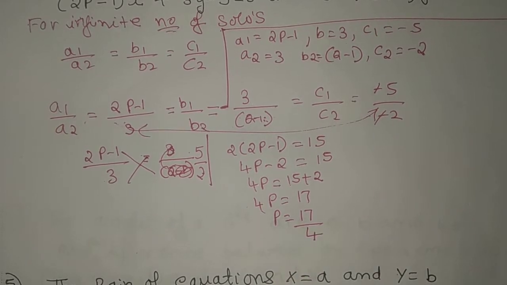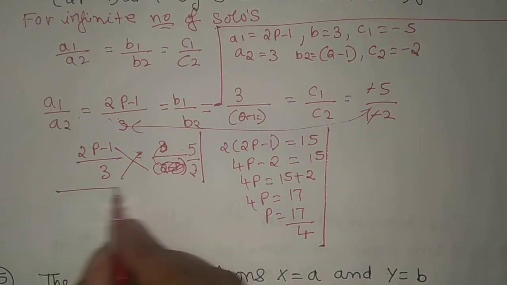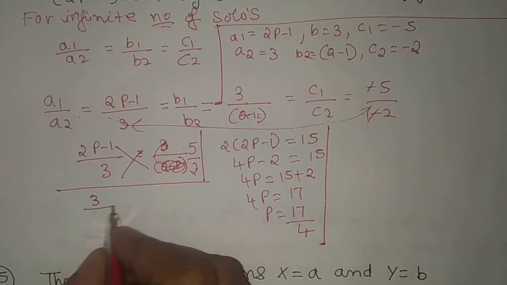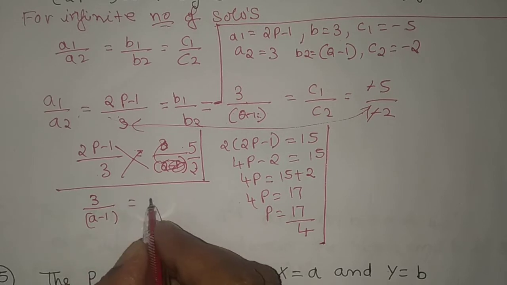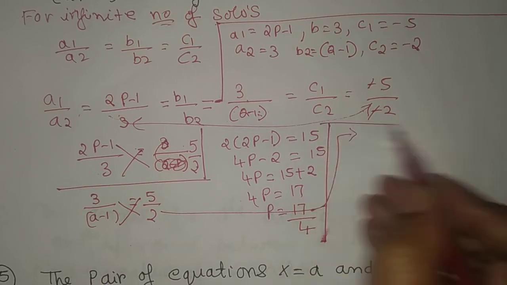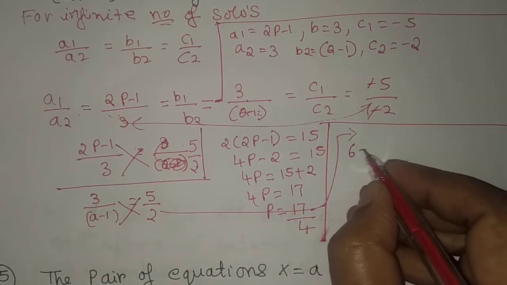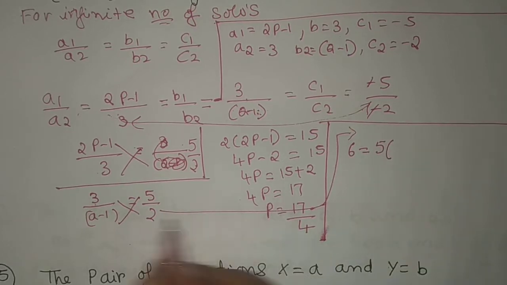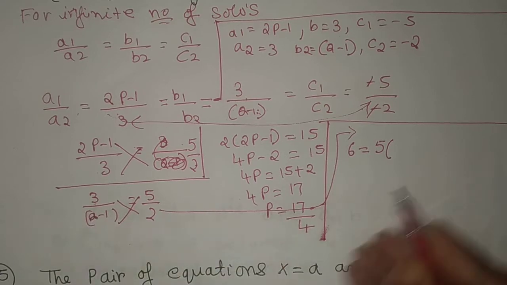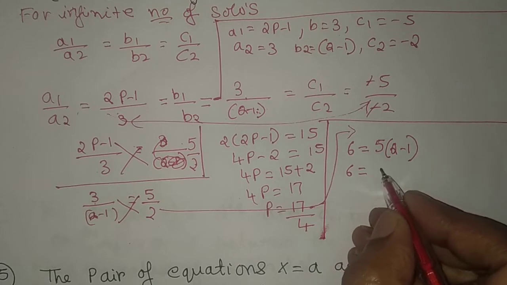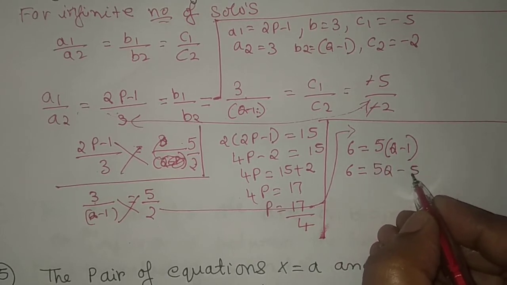So P we found out. Next we'll take another equation. Again we'll take B1 by B2 is equal to C1 by C2. Now cross multiply. Therefore 3 into 2 is 6, then 5 into Q minus 1. Therefore 6 is equal to, simplify this, 5Q minus 5.